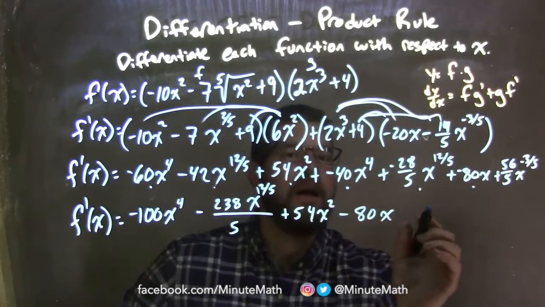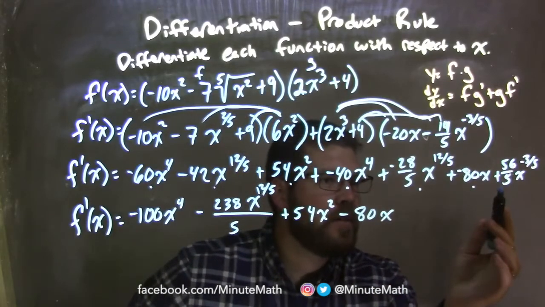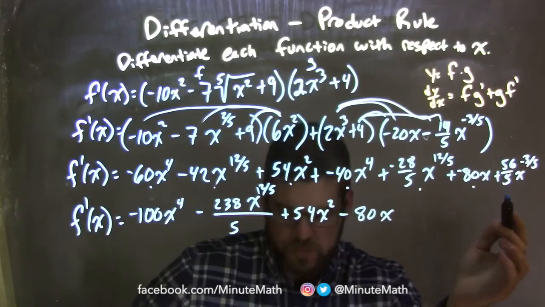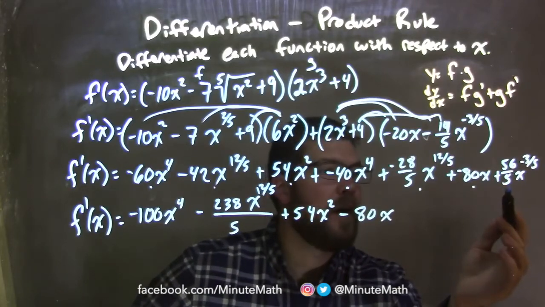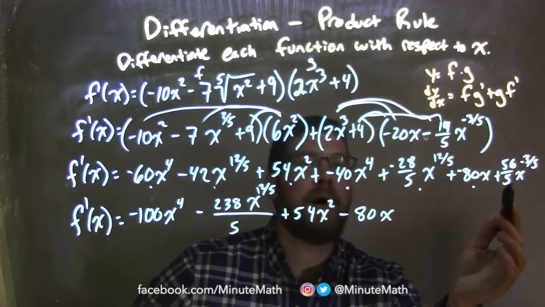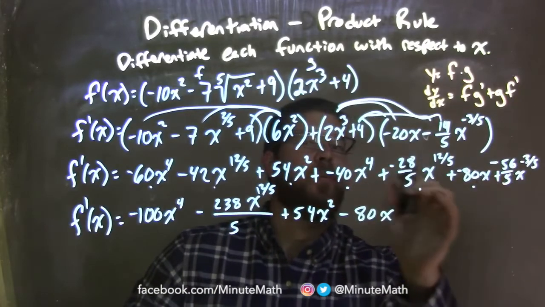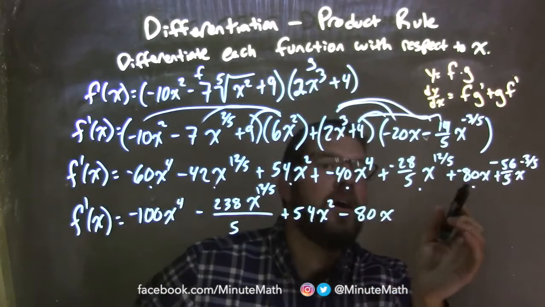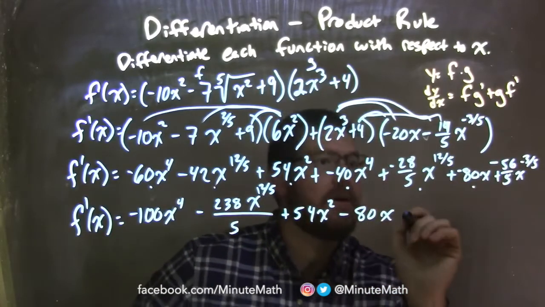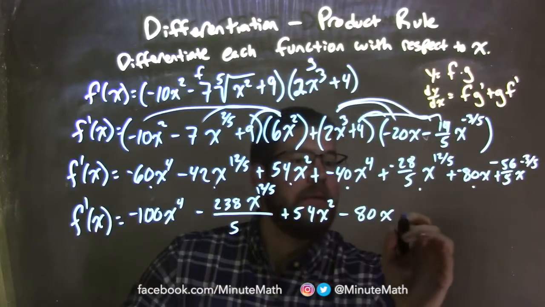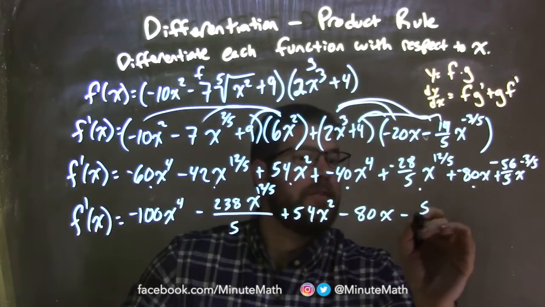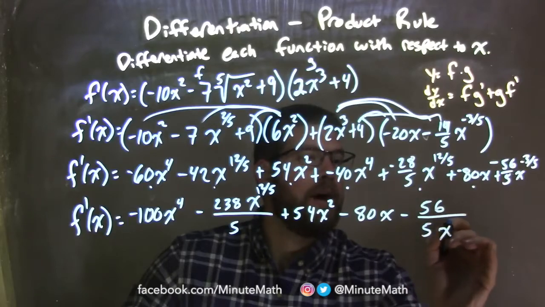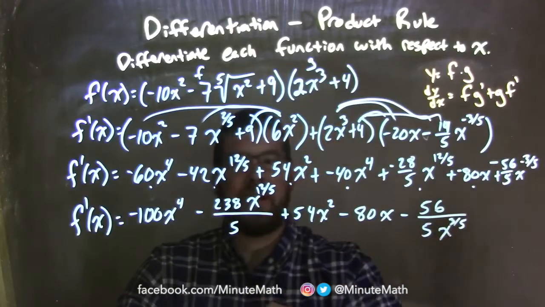And then our last term here is 56 over 5 times x to the negative 3/5 power. And that actually should be negative. I'm sorry, oh my goodness, that's negative because of the 4 times the negative 14 there. I missed that. So bringing that down, we have a negative 56 in the numerator over 5 times x to the positive 3/5 power, because I don't like to have a negative exponent.